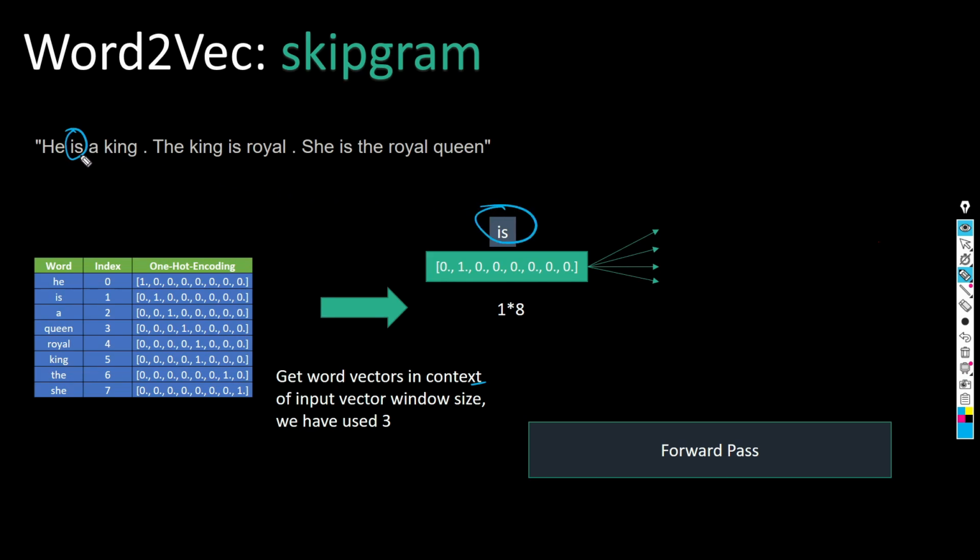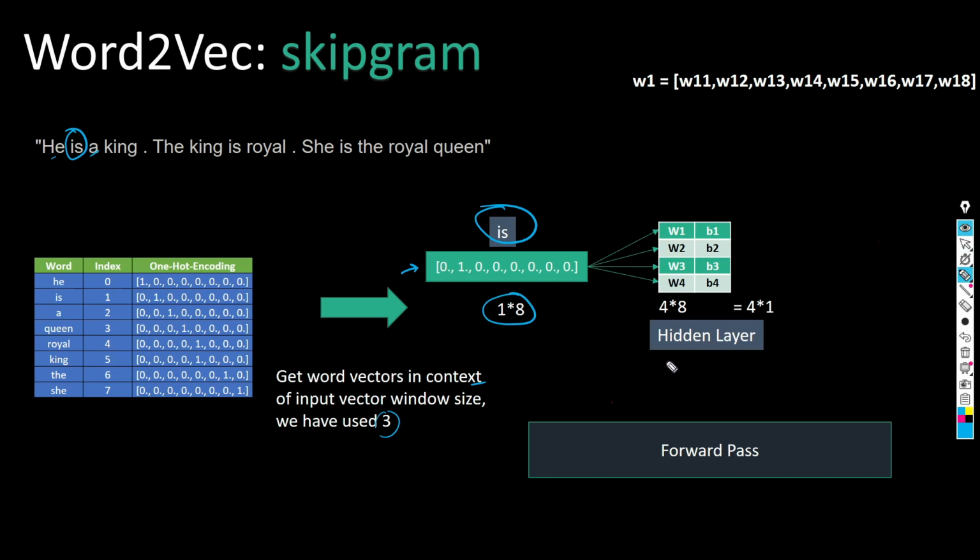This is our word. He and a are the context for this word, since I have taken a window size of 3. In case I had taken a higher window size, the context words would have changed. So this is the vector we are feeding in. We have to pay attention to this vector size. We have this 1 cross 8 vector which is getting fed to this neural network.